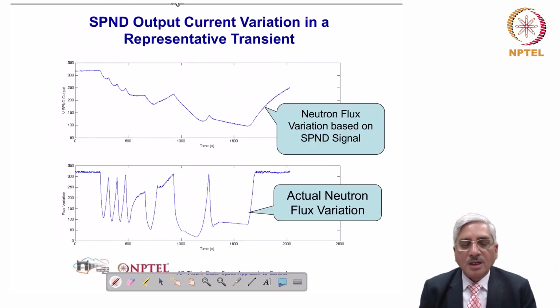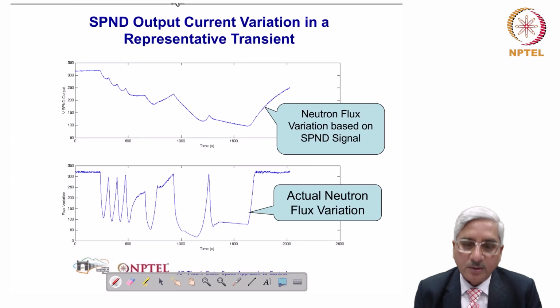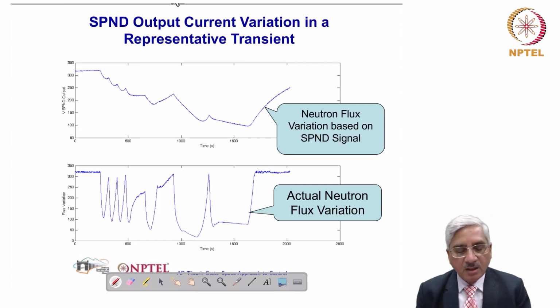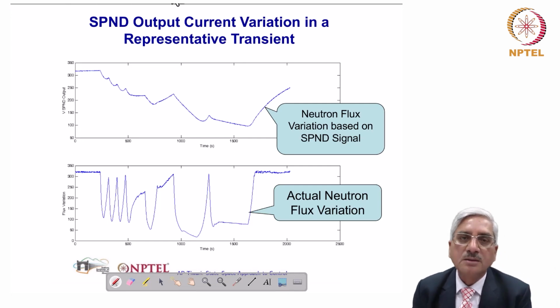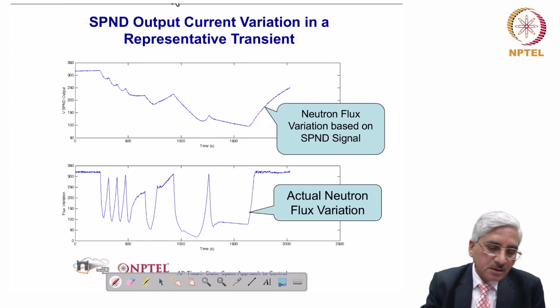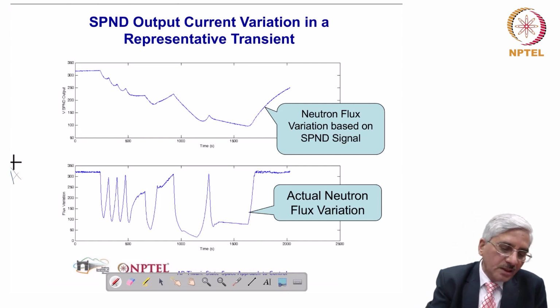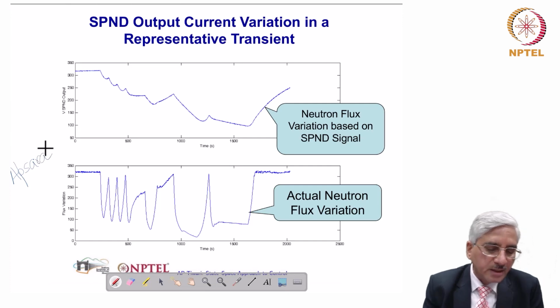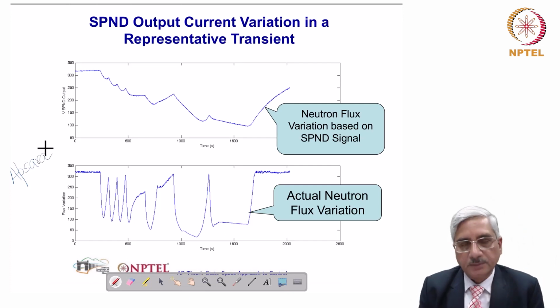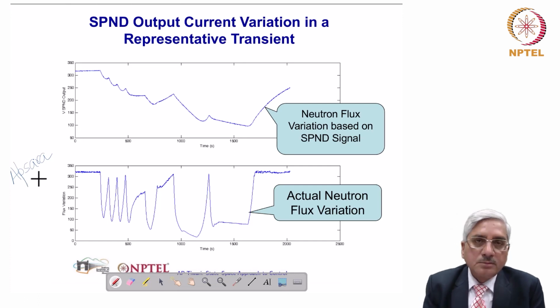I show a few responses that were obtained. First of all, this experiment was done in a reactor established by the Department of Atomic Energy long back, known by the name Apsara. Now this reactor does not exist.